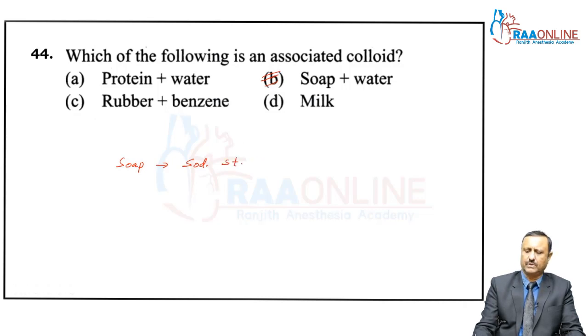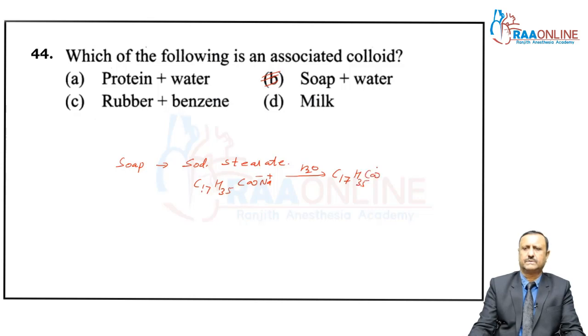The molecular formula of sodium stearate is C17H35COONa. When it is dissolved in water, we get C17H35COO minus, and in this charge, my dear students, the COO minus part is the head and the tail is the C17H35.